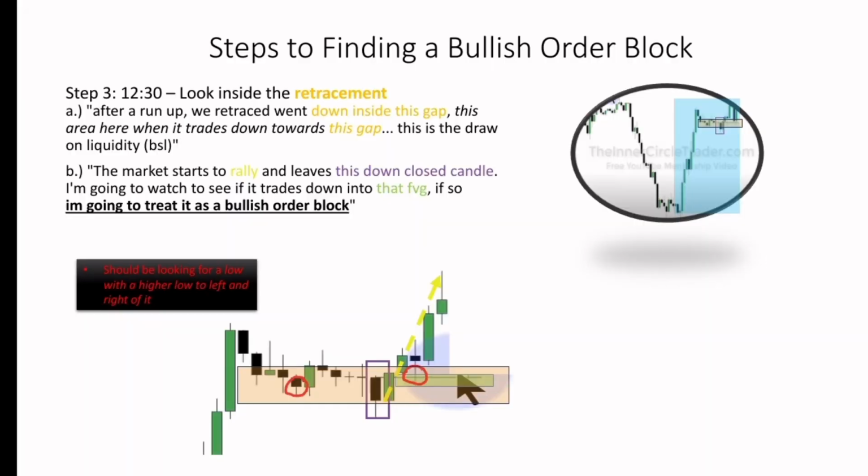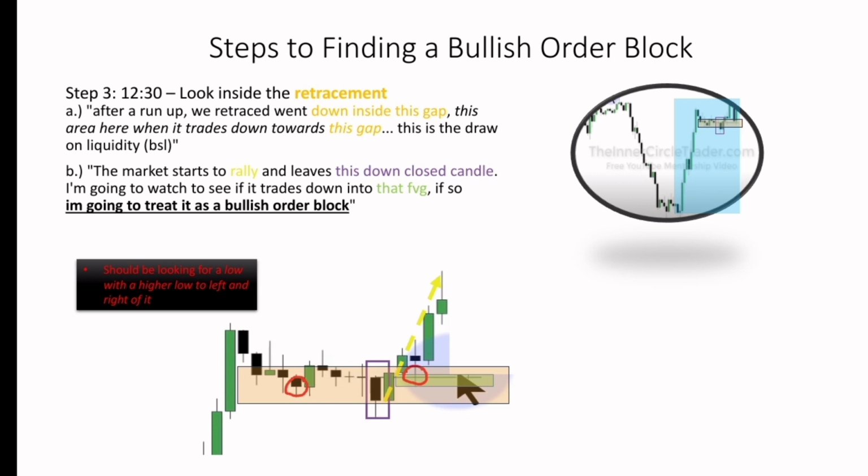Step 3, at 12 minutes and 30 seconds, we are looking into that retracement. Michael says after a run up, we retrace down inside this gap. Michael is drawing our attention to the candle that trades into the fair value gap.